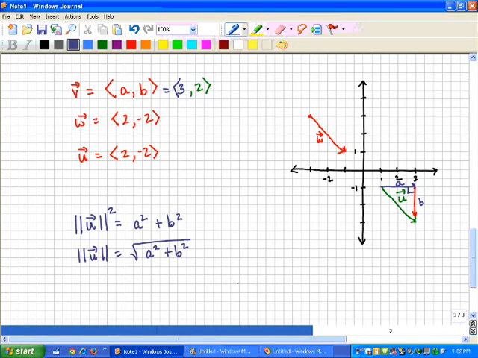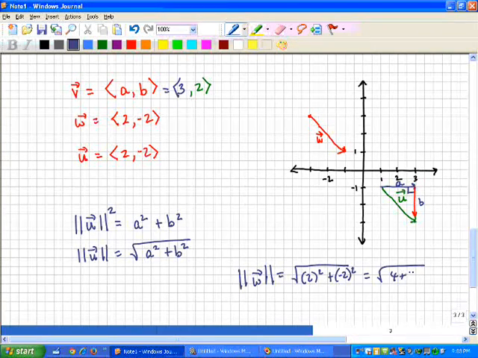So if we wanted to find the magnitude of W, we have its horizontal component and its vertical component, we simply do the square root of 2 squared plus -2 squared, which is the square root of 4 plus 4, or the square root of 8. And the magnitude of W is the square root of 8. Of course, you can simplify that and write that as 2 square roots of 2, but I'm okay with the square root of 8.